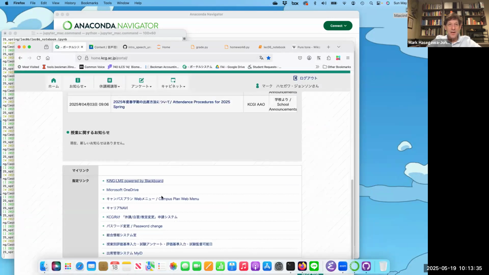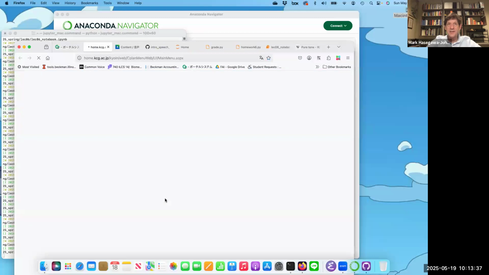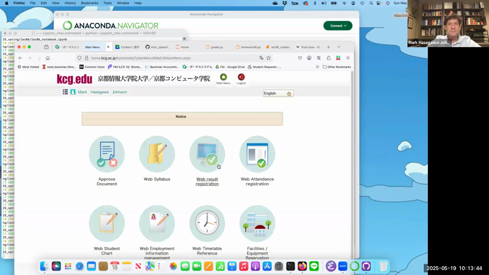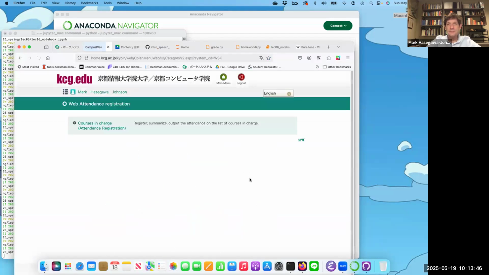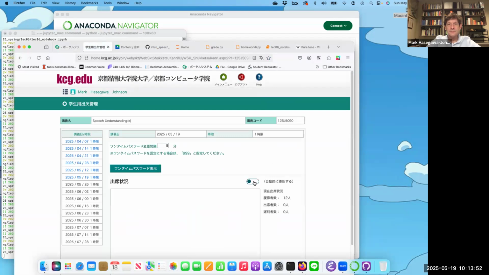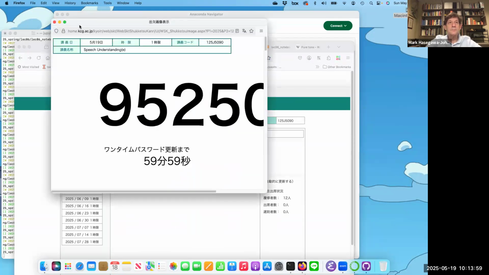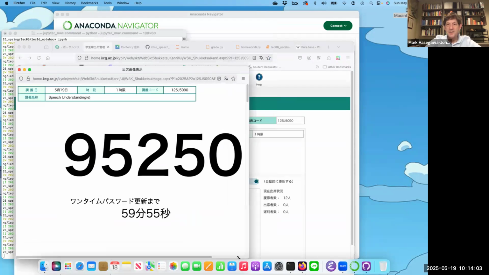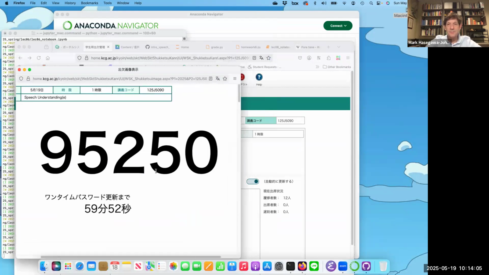In the meantime, let's go ahead and take attendance. All right, please go ahead and register your attendance using this code.